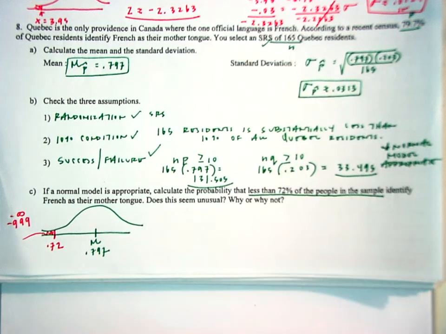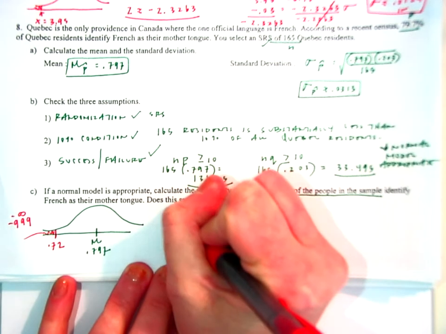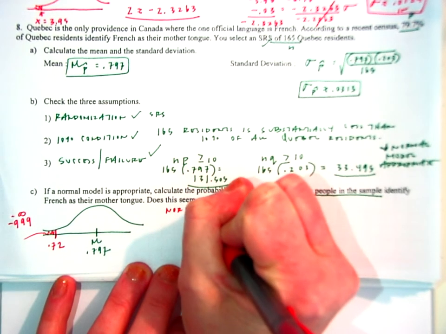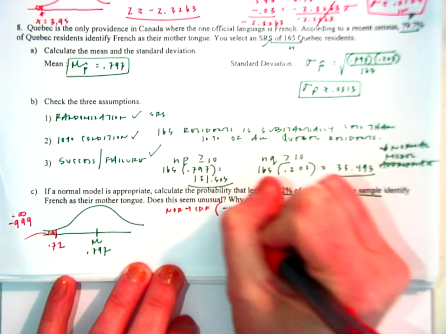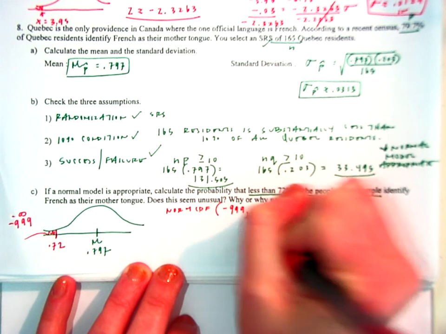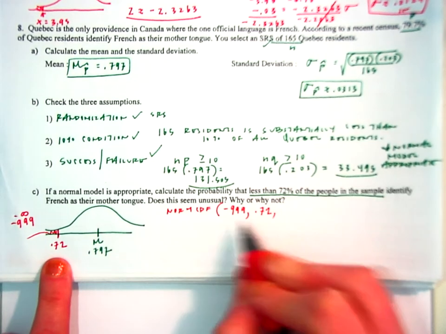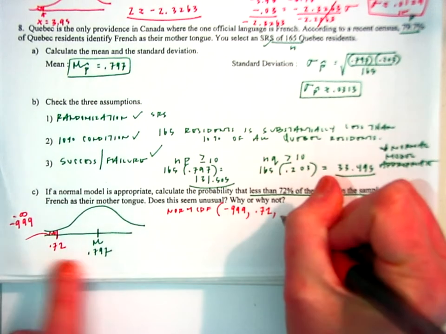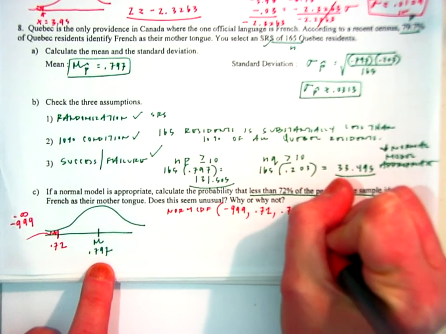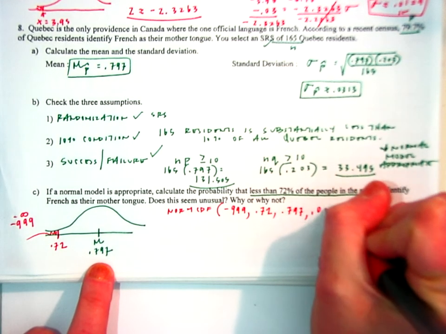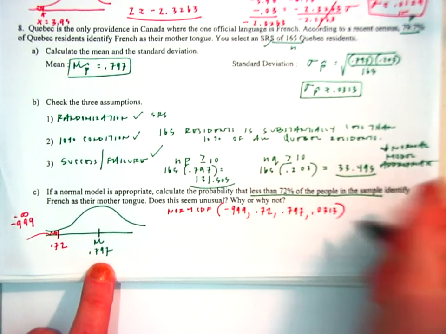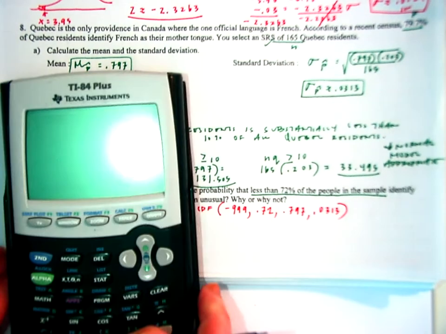All right, so here we go. Now we're going to take it to normal CDF. I'm using negative 999 as my placeholder, up to 0.72, lower to upper boundary. My mean is 0.797. My standard deviation, 0.0313. So let's crunch that together.